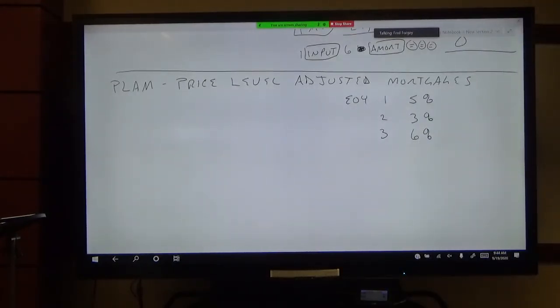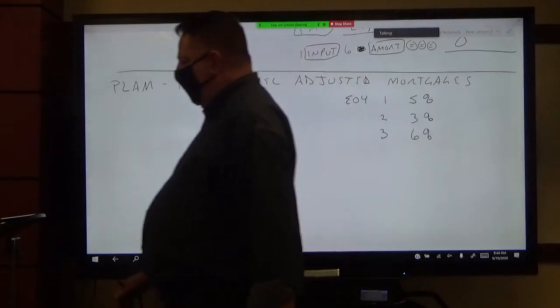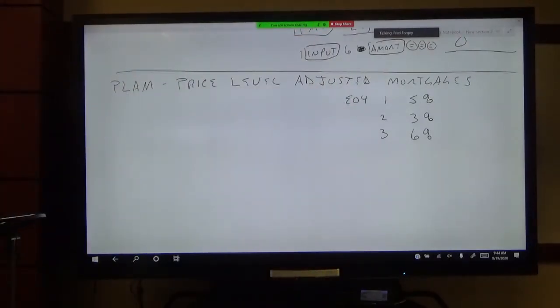Now, those percentages, are they inflation or is that just the rate? Inflation. Okay. Now, these are not the interest rates of the loan. These are the inflation rates. I'll write it up here, inflation.